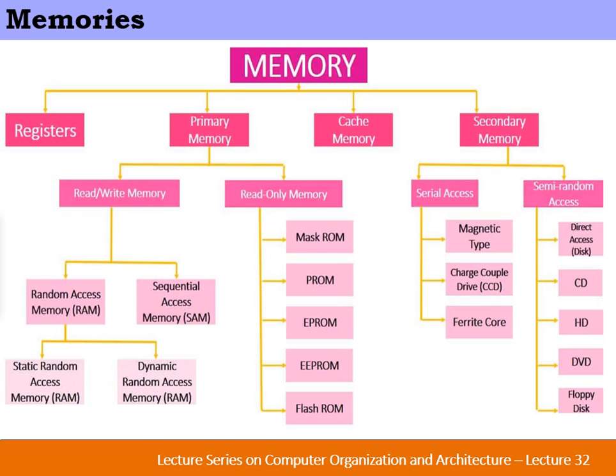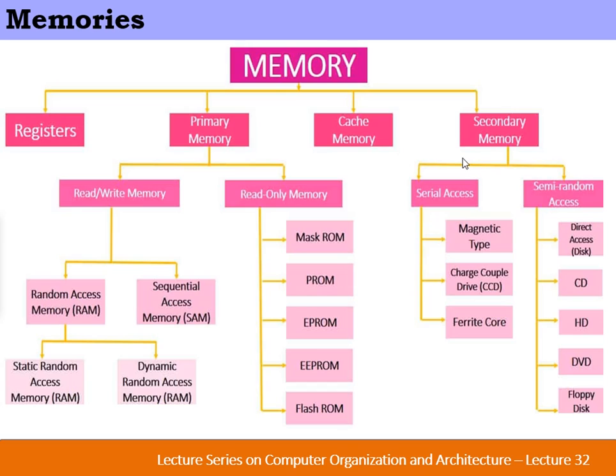Before going to understand the organization of a memory, that is semiconductor RAM memories, let us discuss the classification of memory. There are different types of memories: register, primary memory, cache memory, as well as secondary memory.